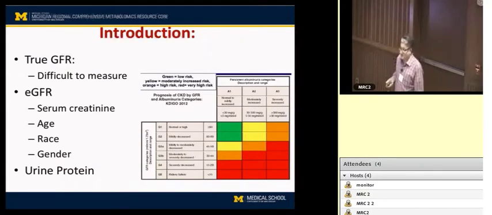If you want to really measure GFR, it's a technically difficult task to do, and as a result, people have come up with a formula that incorporates serum creatinine, age, race, and gender to come up with estimated GFR. That adds another layer of inaccuracy to the estimations.